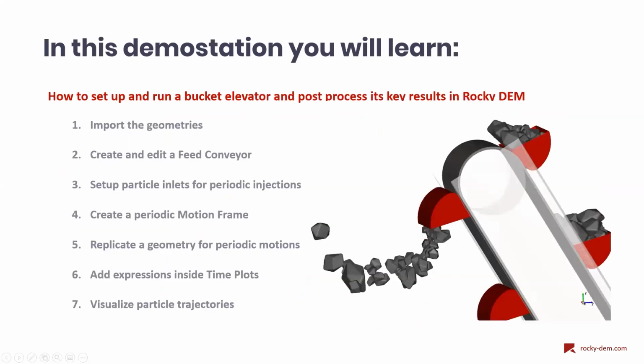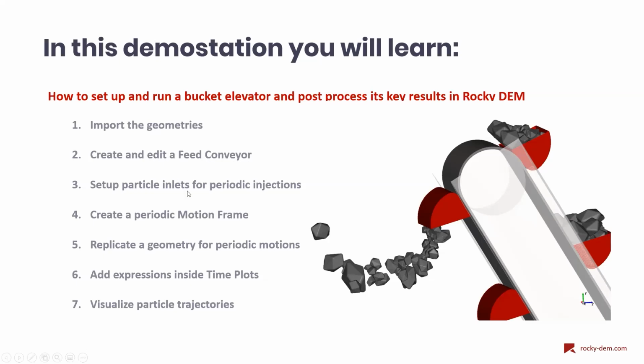Today, we are going to show how we can set up a DEM simulation of a bucket elevator and do some post-processing analysis in Rocky. And we'll begin by importing the elevator geometry, and then we'll create and edit a feed conveyor from Rocky's embedded conveyor templates.